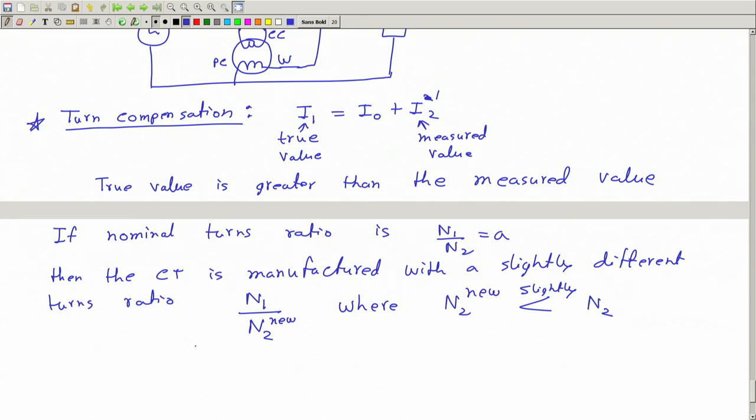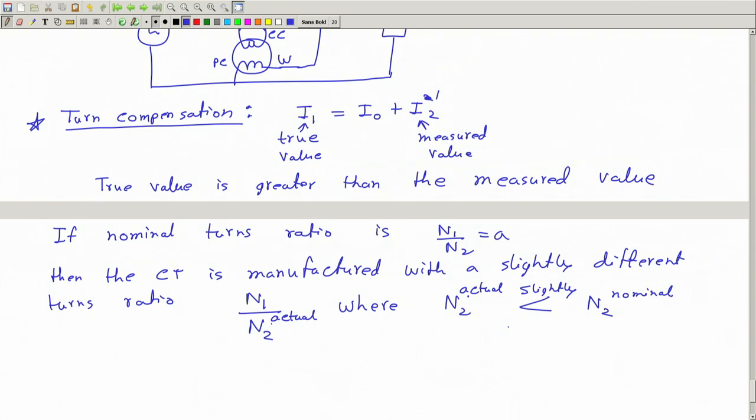So this actual n2 is slightly less than the nominal n2.